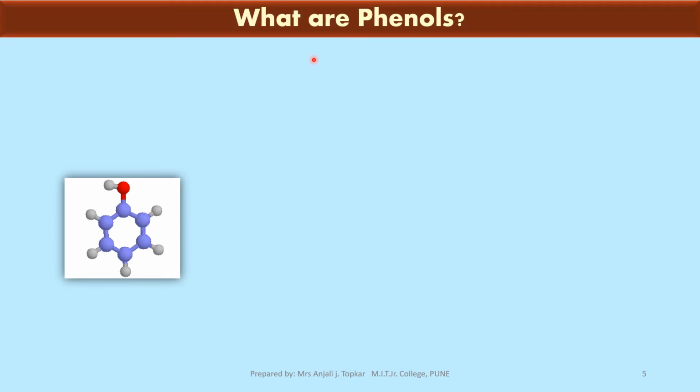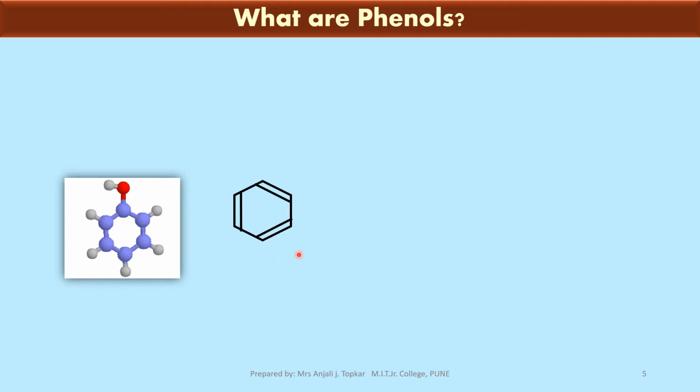Let's talk about phenols. What are phenols? This carries a benzene ring wherein the OH group is directly attached to the benzene ring. In this compound, we see the blue colored atoms are carbon atoms, grey colored atoms are hydrogen, and red colored is oxygen.